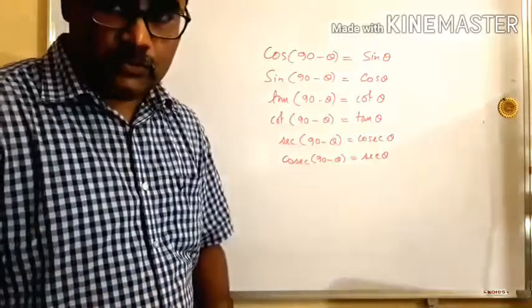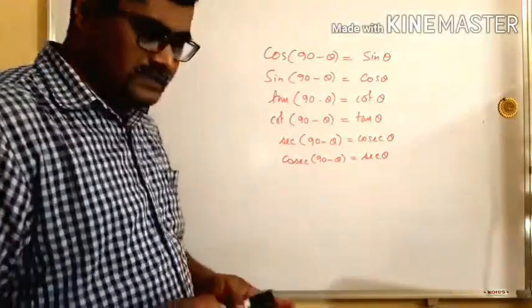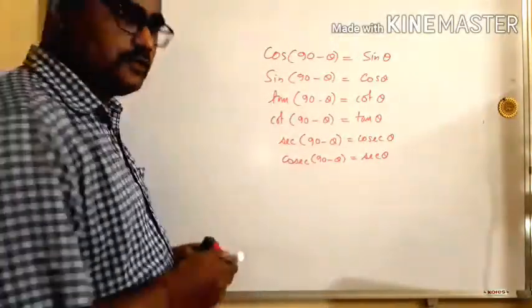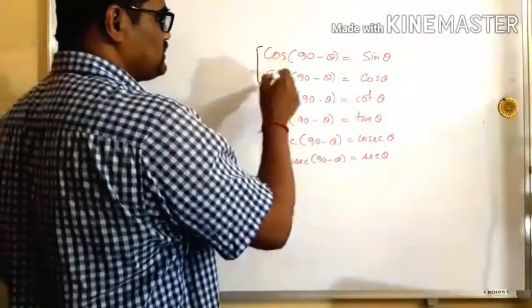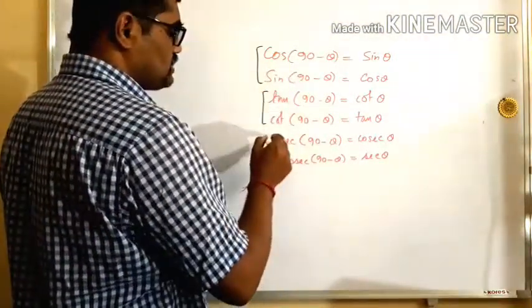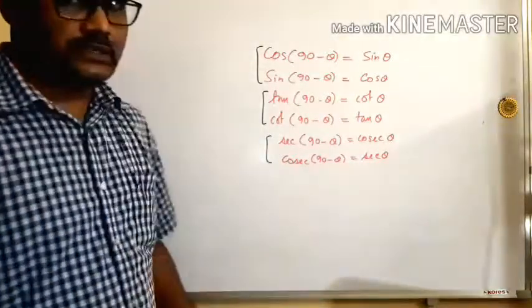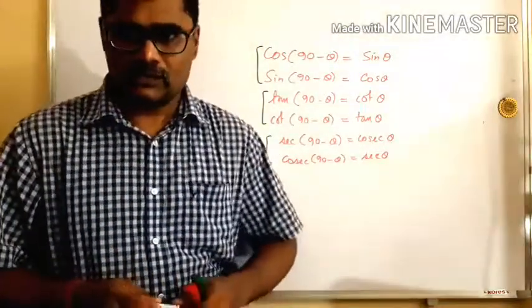So here look at the pairs. That is the main part or the focus of my memory aid, right? These two are one, these two are other, this the other third, right? Sec becomes cosec, cosec becomes sec.